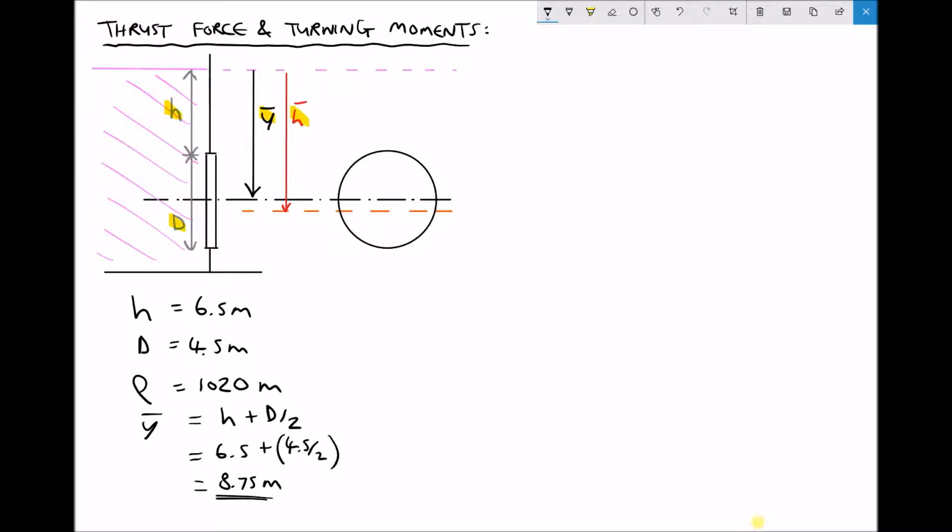The next thing we need to calculate is the thrust force due to the pressure field. Thrust force is rho g a y bar. For density we have 1020. Gravity is 9.81. The area of a circle is pi times radius squared.